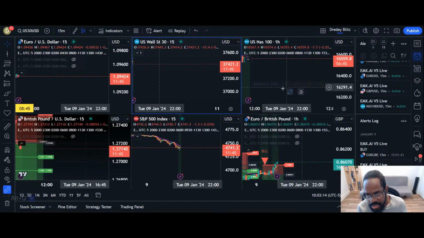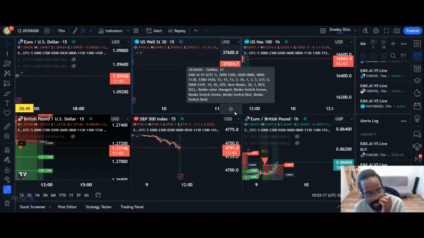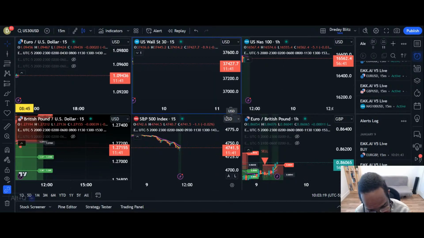Last year, all of the indices were bullish, and it already topped out in regards to the pricing.